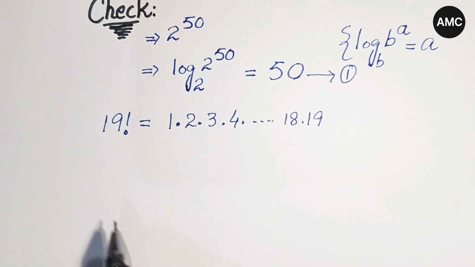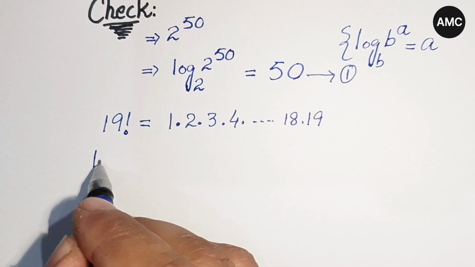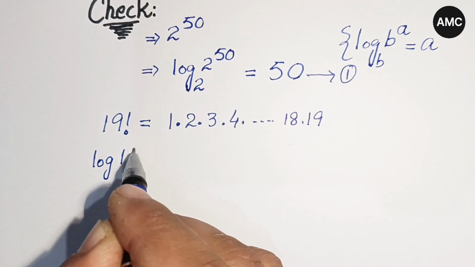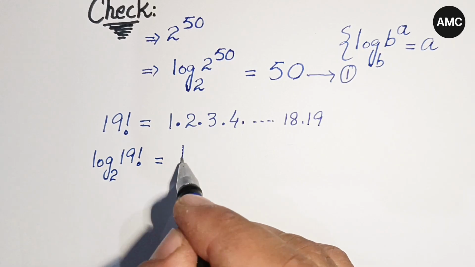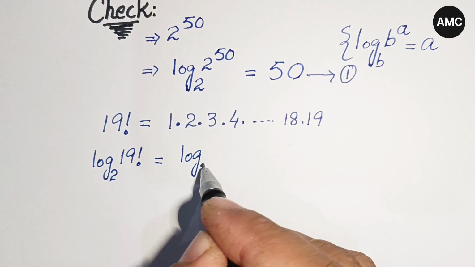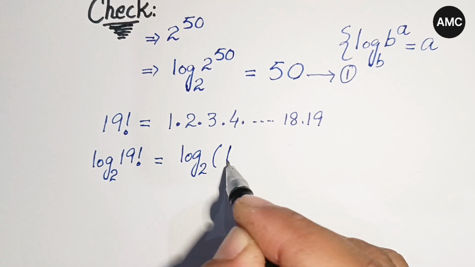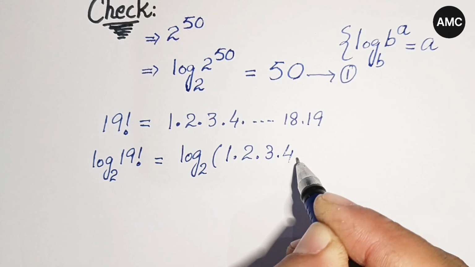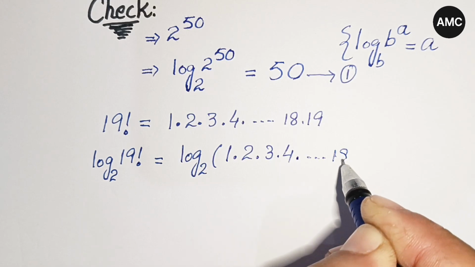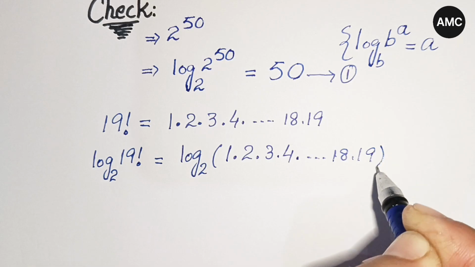So if we take log to base 2, then log 19 factorial to base 2 is equal to log to base 2 of 1 times 2 times 3 times 4 up to 18 times 19.